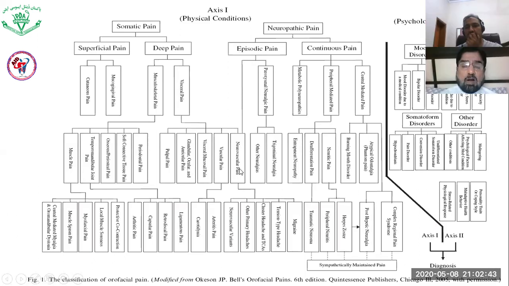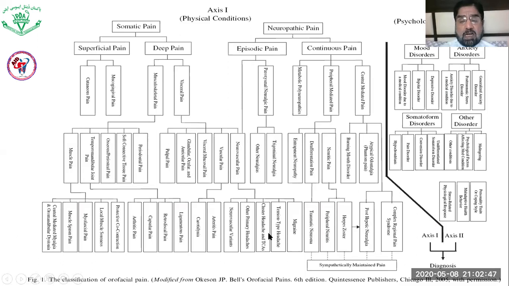When we talk of neurovascular pain, it comes under migraine, tension headache, cluster headache, other primary headaches, and neurovascular variant types of headaches and pains. So we are not going to deal with neurovascular pain. We go straight to paroxysmal neurogenic pain, which is of two types further.